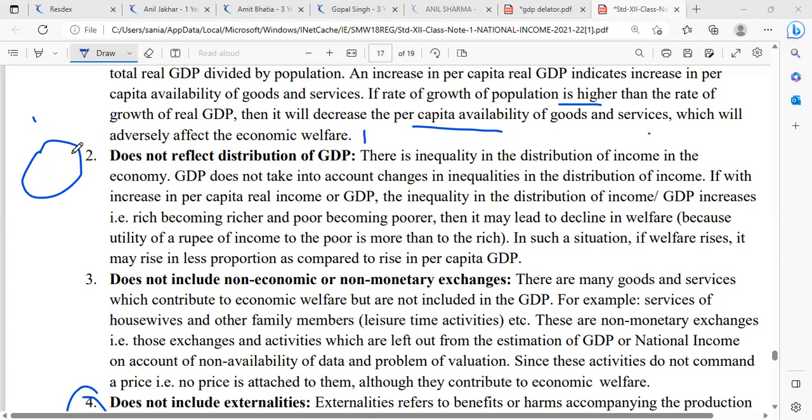In one country, people are contributing 10,000 rupees per month, and in the other country also they are contributing the same 10,000 rupees. But in one country, one person's salary is 9,000 rupees, and the rest of the people are earning 1,000 rupees. Clear? Getting the point?